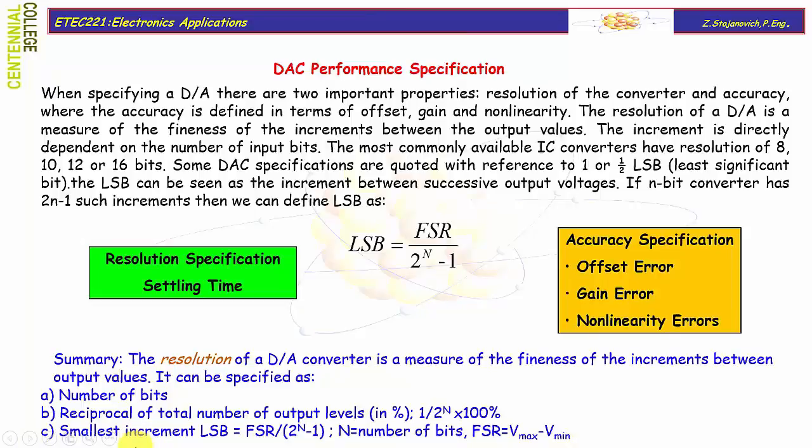To summarize quickly, the resolution of a digital to analog converter is a measure of the fineness of the increments between output values, and it can be specified as a number of bits, as a reciprocal of the total number of output levels in percent, or as the smallest increment, called LSB, as the full scale range divided by the total number of increments. Keep in mind that full scale range is defined as the difference between the maximum and minimum possible output voltage.